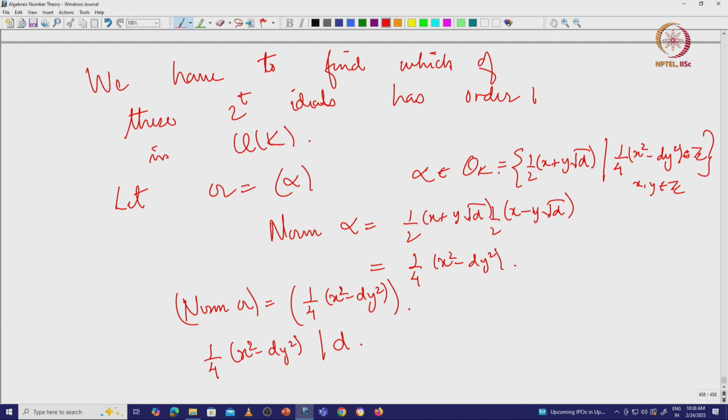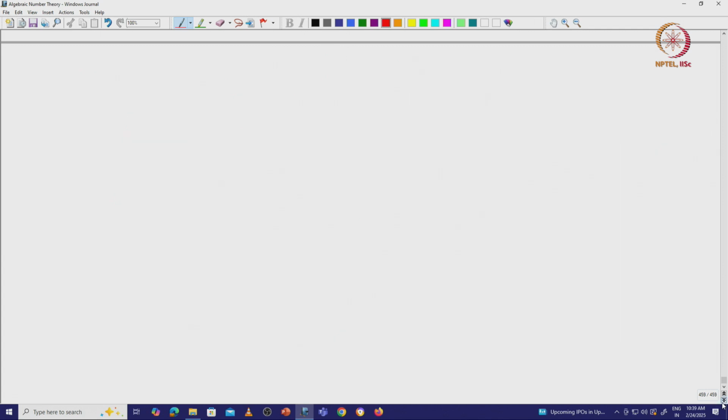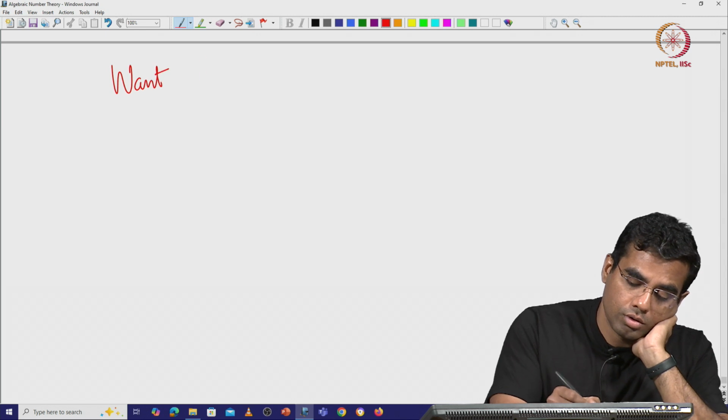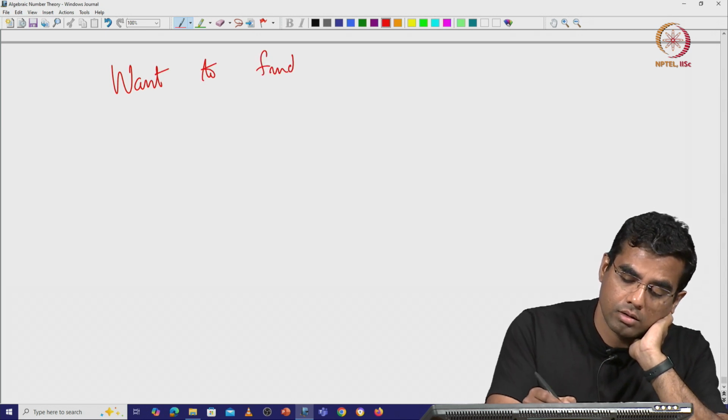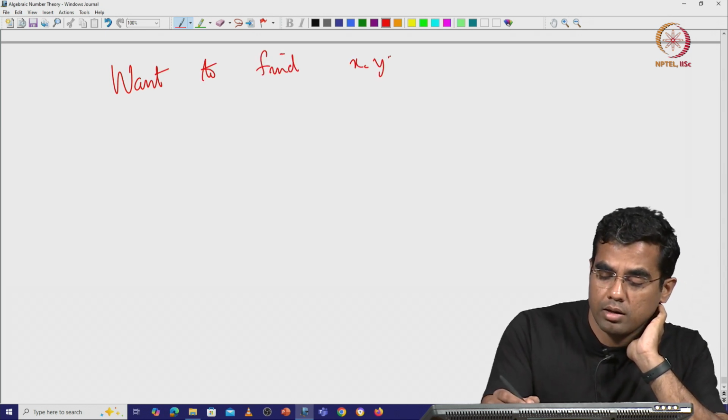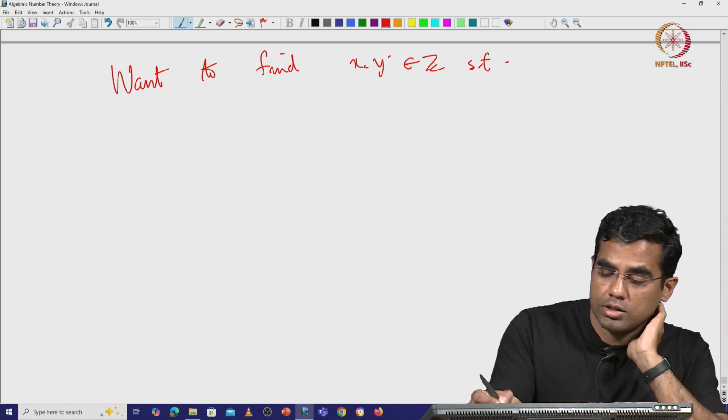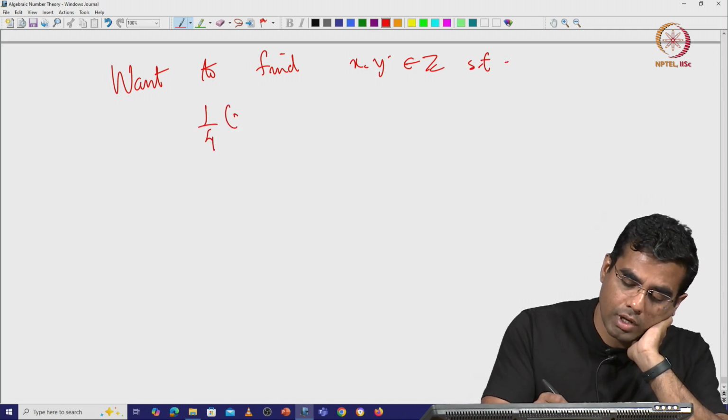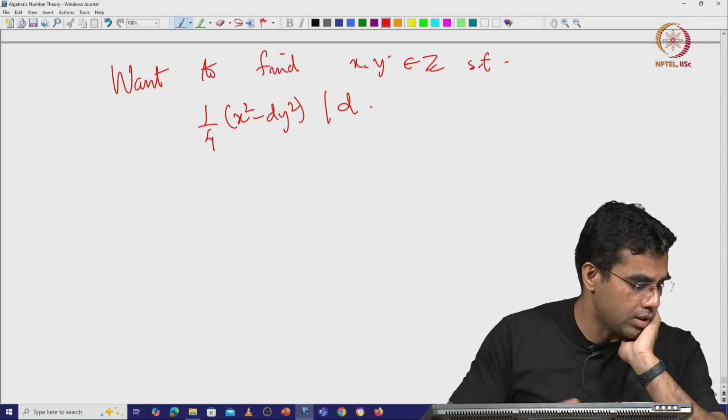I want to find out how many x and y I can find so that I get this. So we want to find x and y in Z such that 1/4 (x squared minus d y squared) divides d.